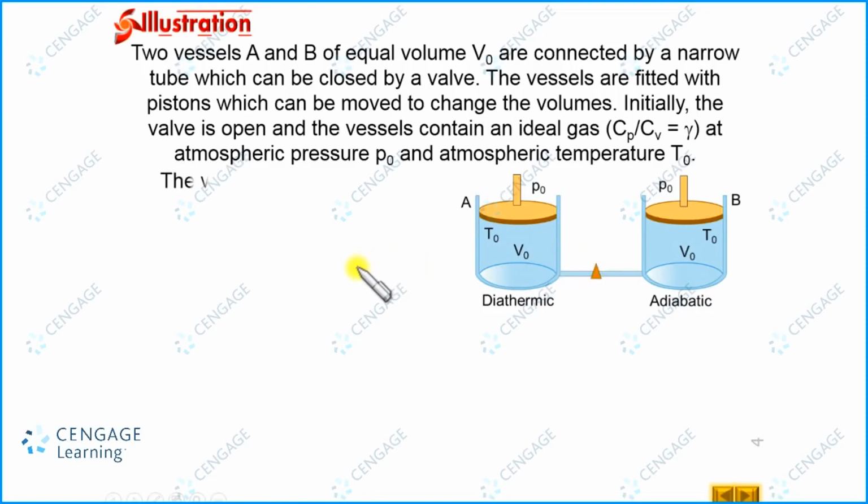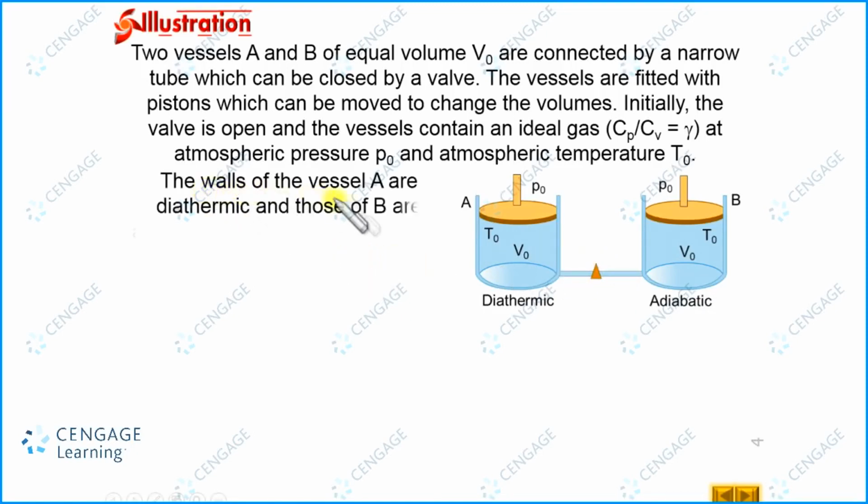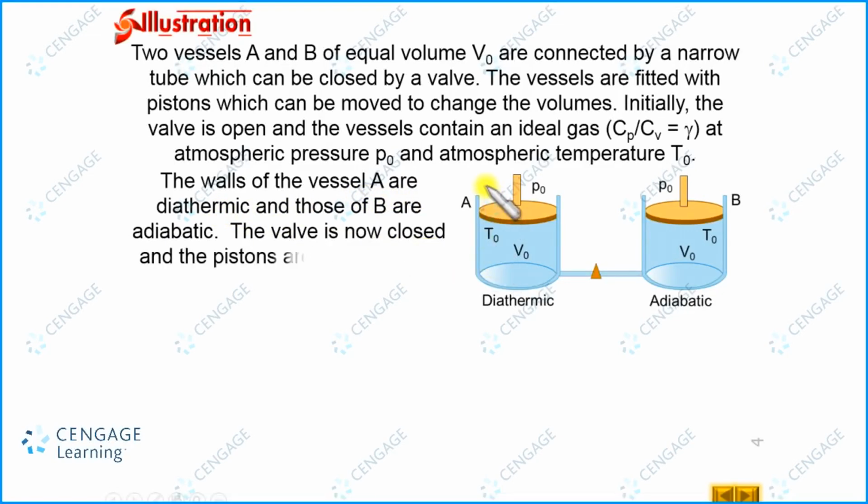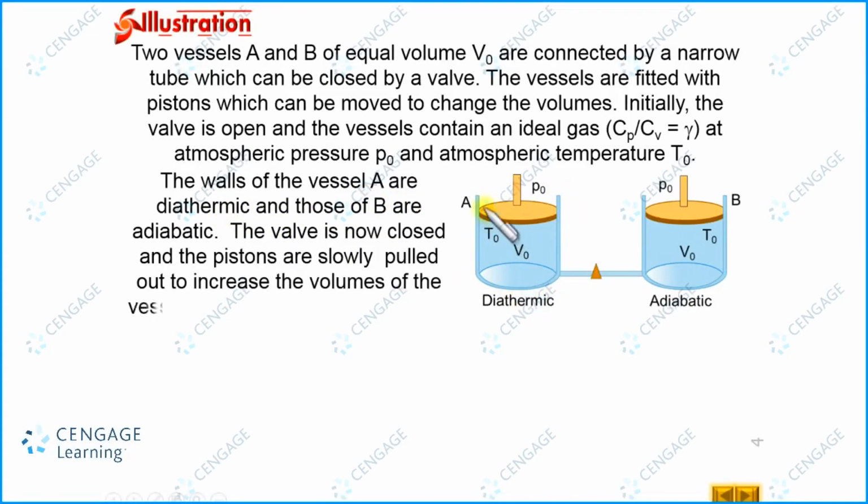Okay. Now it is given the walls of vessel A are diathermic. That means these walls are made of the conducting material, and those of B are adiabatic. This is the adiabatic container.